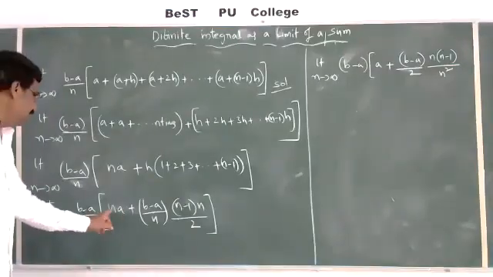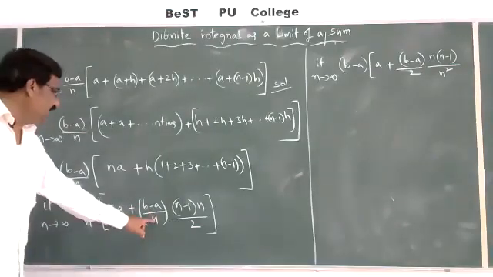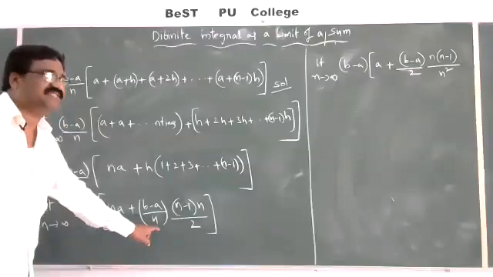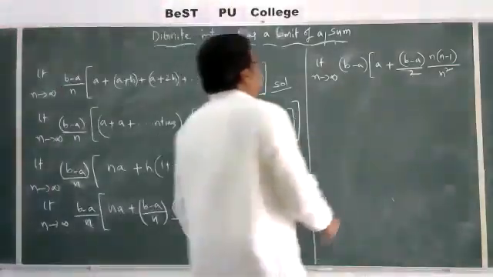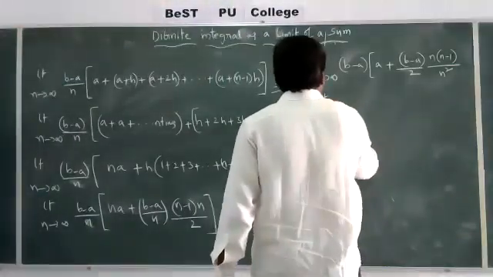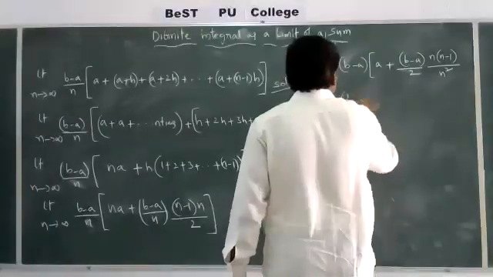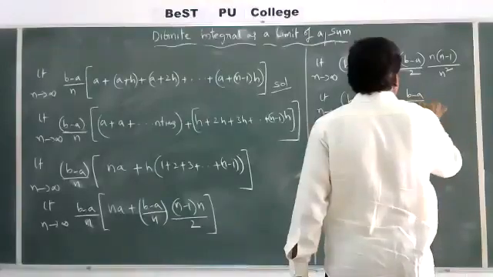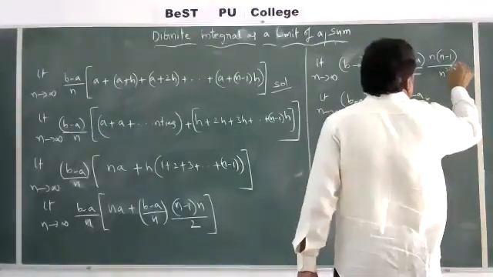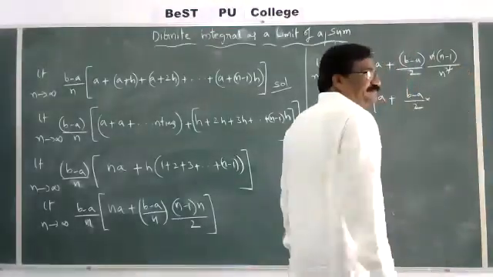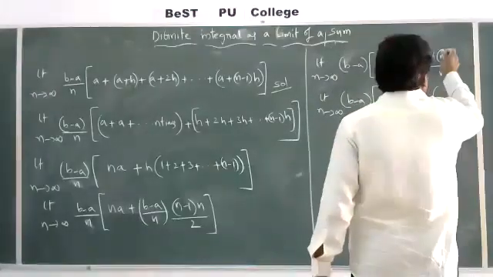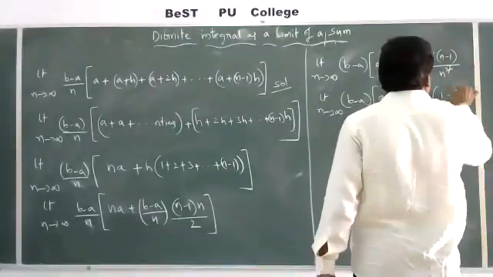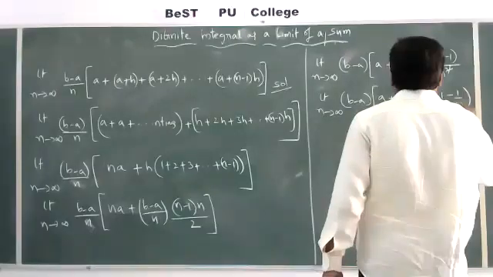Multiplying 1 by n, the n cancels with the a term, and in the denominator we get n square. So limit n tends to infinity, b minus a into a plus b minus a by 2 into 1 minus 1 by n. You understood?